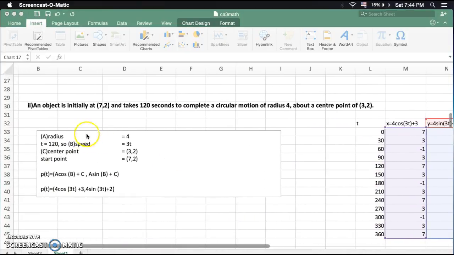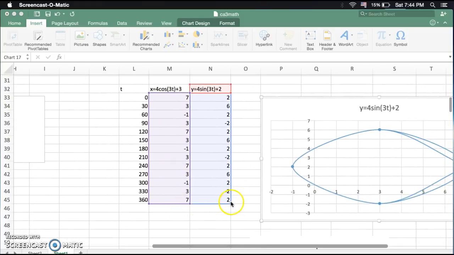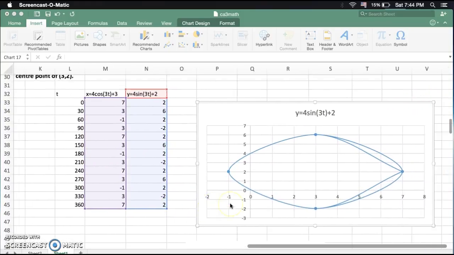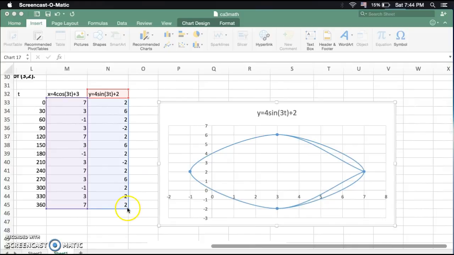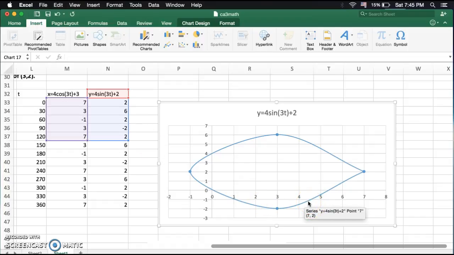So we know the speed is 120. So it's actually 3t, which will form 3 circles. Let's see. At 120, we have a circle which has the starting point from (7, 2).